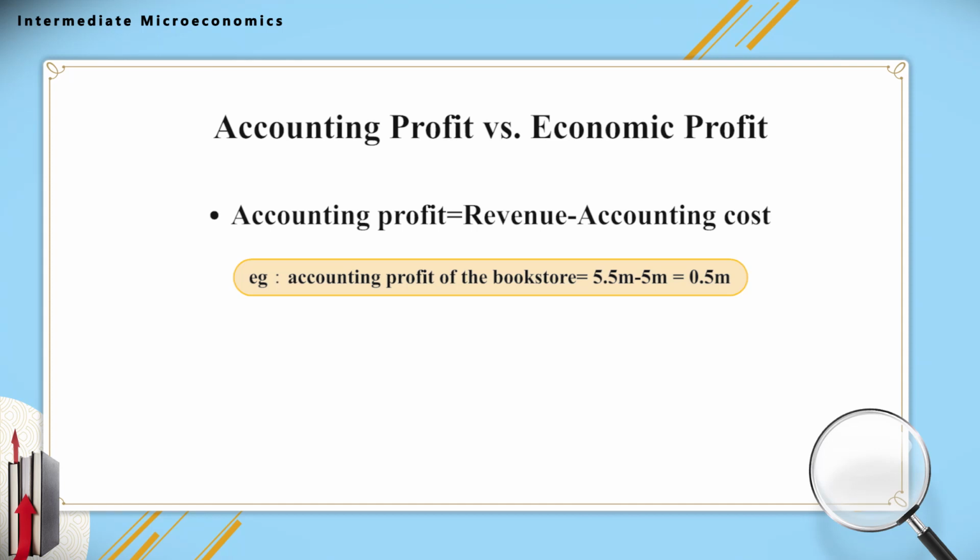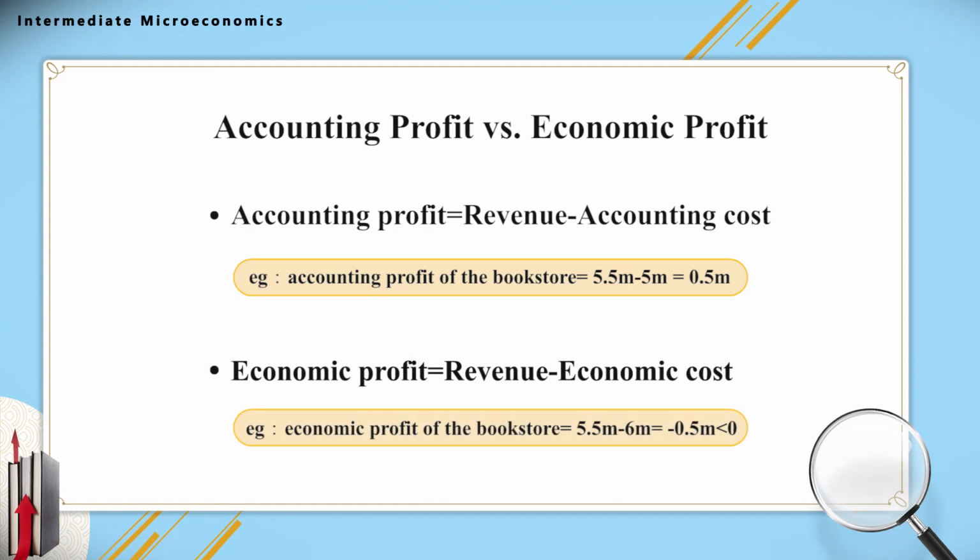From the perspective of economics, the economic profit of operating a bookstore is equal to the revenue minus the opportunity cost. The opportunity cost of owning the bookstore is the foregone revenue from operating a coffee shop, 6 million yuan. That is to say, the economic profit should be 5.5 million minus 6 million, which is minus 0.5 million yuan.